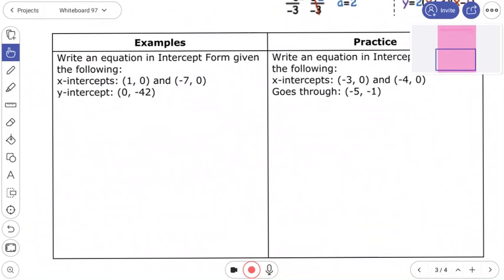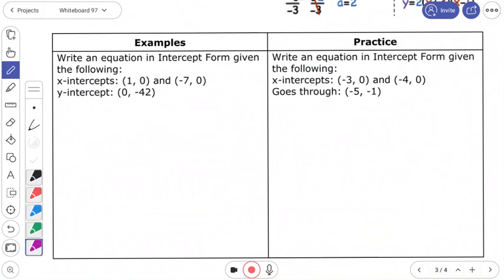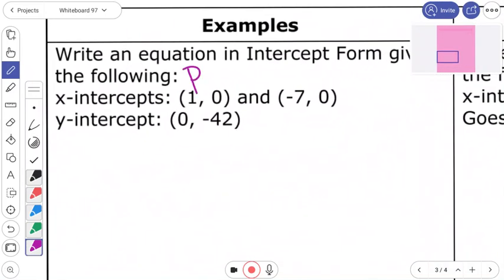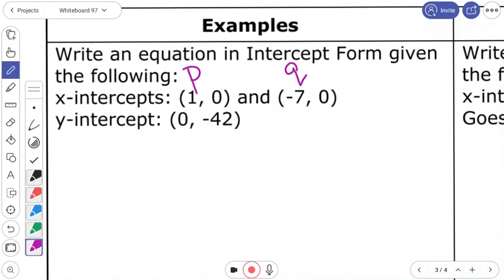So our first step, we are always going to identify P and Q, and P and Q are always your x-intercepts. So we were given two x-intercepts here as ordered pairs. Our p-value is going to be 1. And our Q value is going to be -7. Now, how do we know both of those points are x-intercepts if I didn't tell you they were x-intercepts?